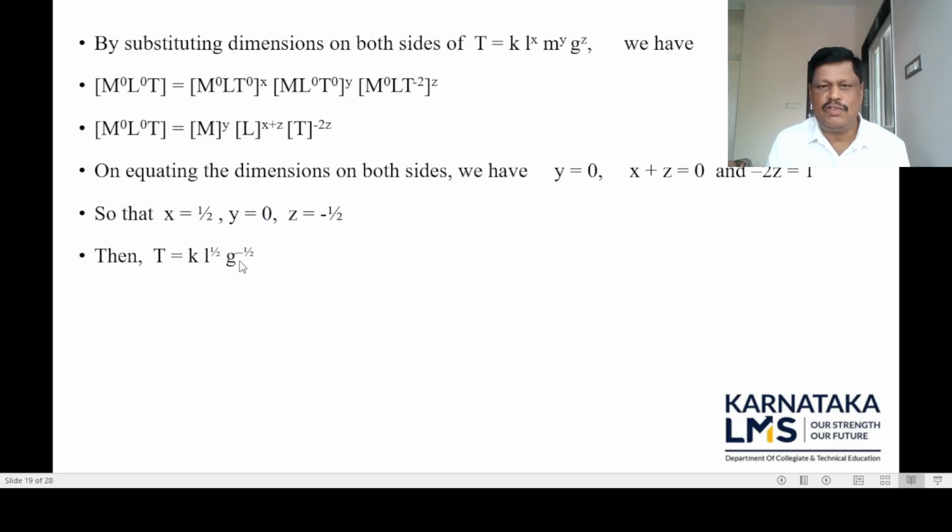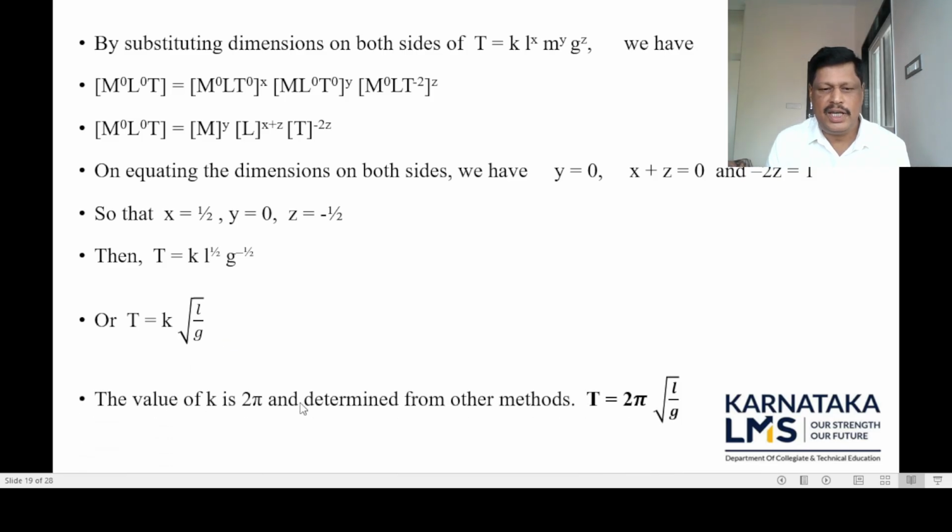So g to the power of z, the value is minus half, so g to the power of minus half. We can write this equation as, for half we can write square root, so T is equal to k into root of L by g.